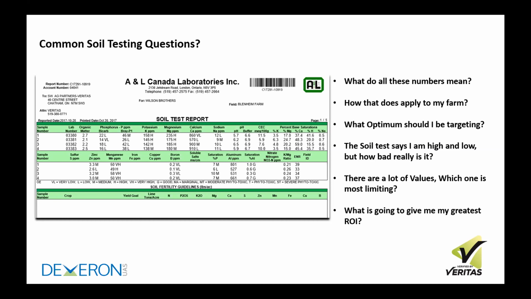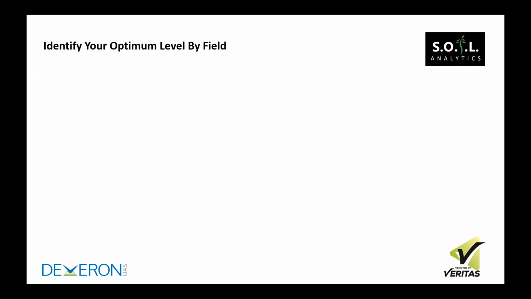What is the actual nutrient that's limiting on my fields, and which one should I be focusing on to get the best or the greatest ROI that I can get for that field? Without the soil analytics, you won't be able to see that variation just from the soil test. The soil analytics does a statistical analysis on your soil results, and it can help answer what your optimum nutrient level should be.